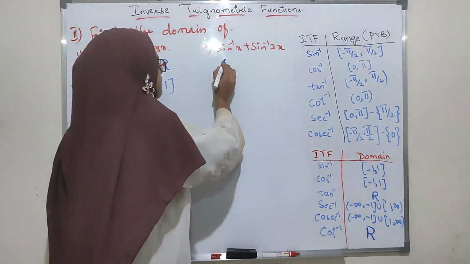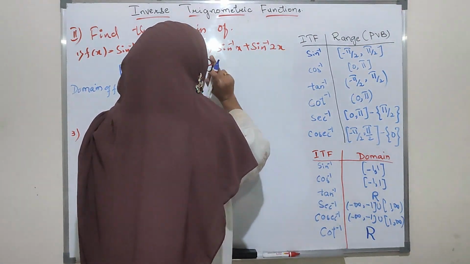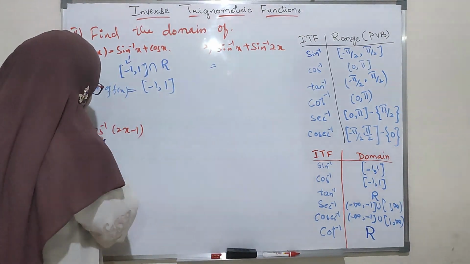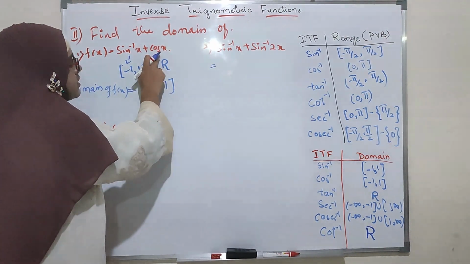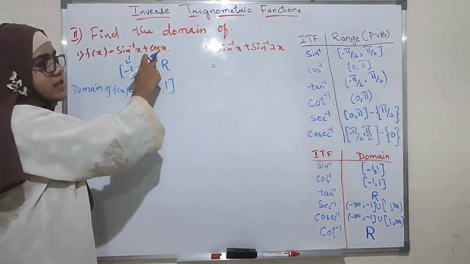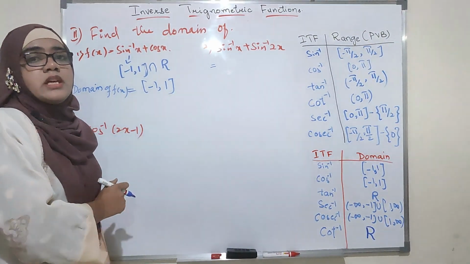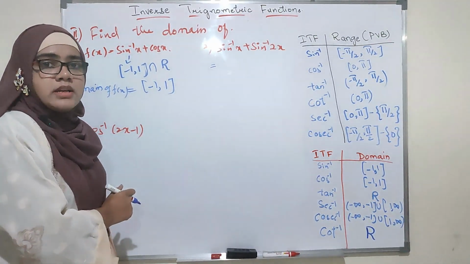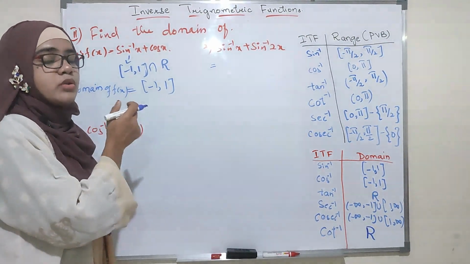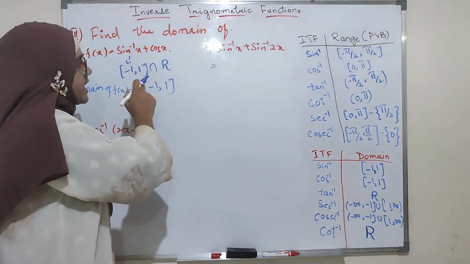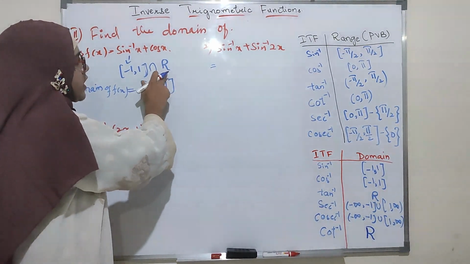Okay, now take the second one. For the second one, sine inverse is given to you. If an inverse function is given, you have to take its domain. If just a direct question like cos x or sin x is given, you know that the domain is the set of real numbers R. On the graph for cos x, sin x and the other trigonometric ratios, the x values are all real numbers.